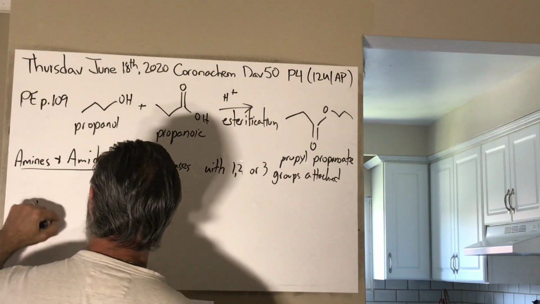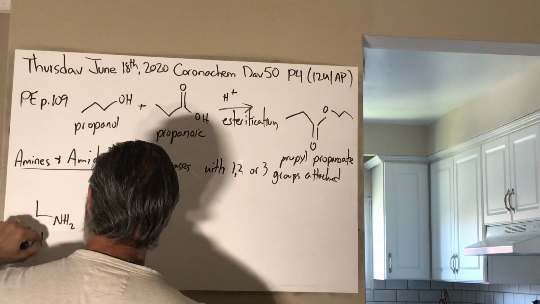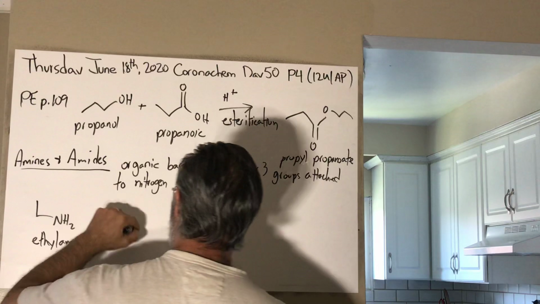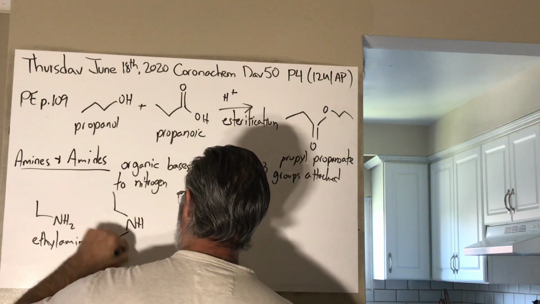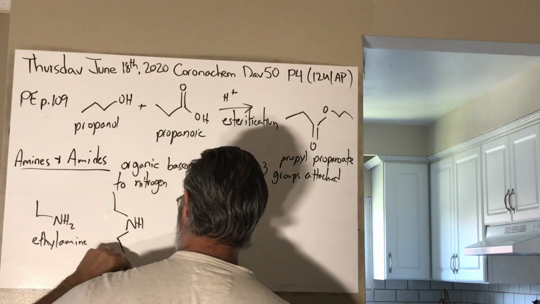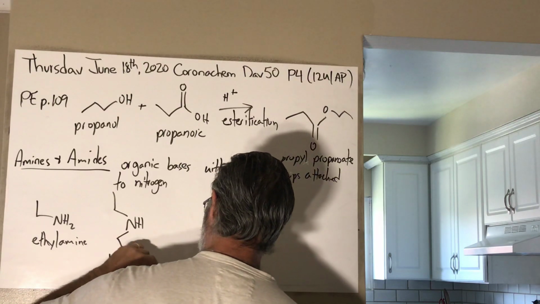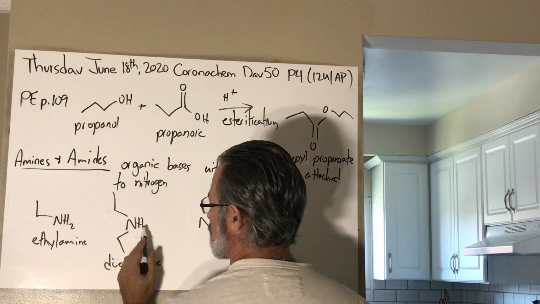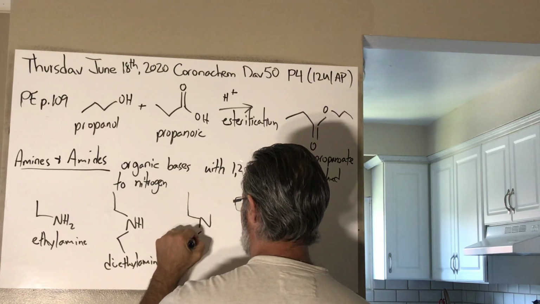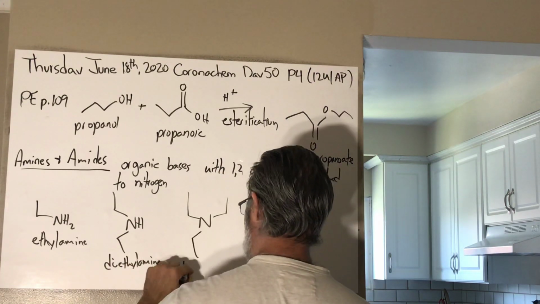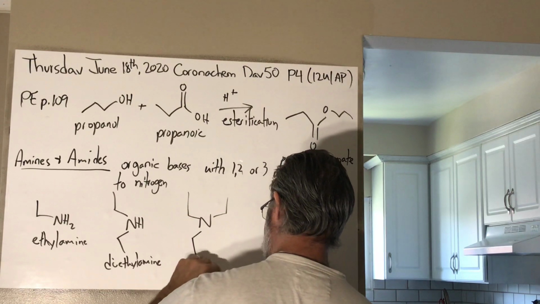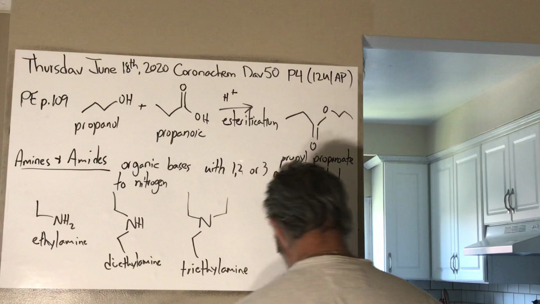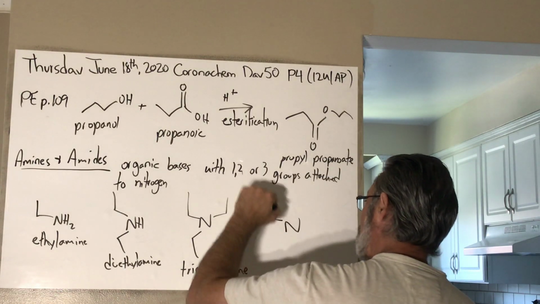So here's a couple examples. Ethylamine. You can have diethylamine. Notice the number of hydrogens decreases as the number of alkyl groups increases. You can even have triethylamine. And you can even have 4 attached on there.